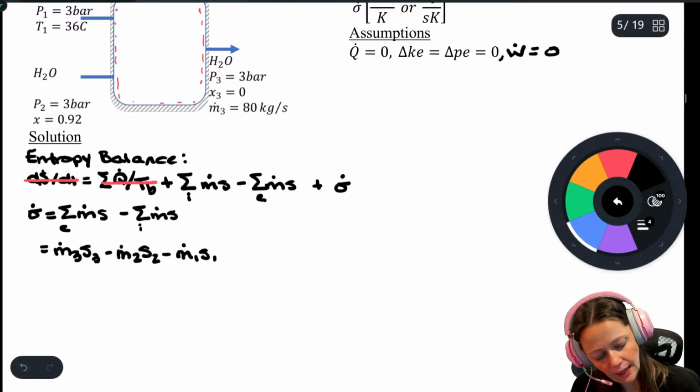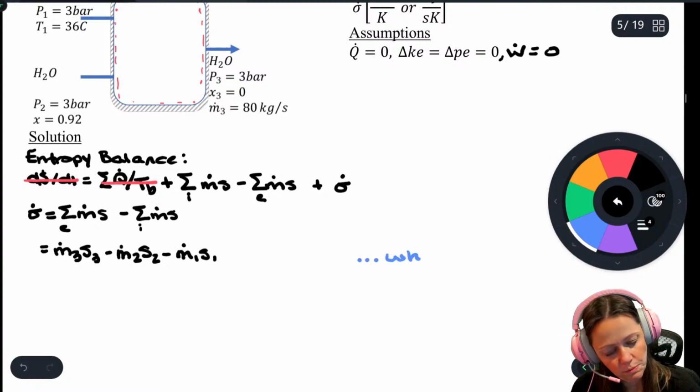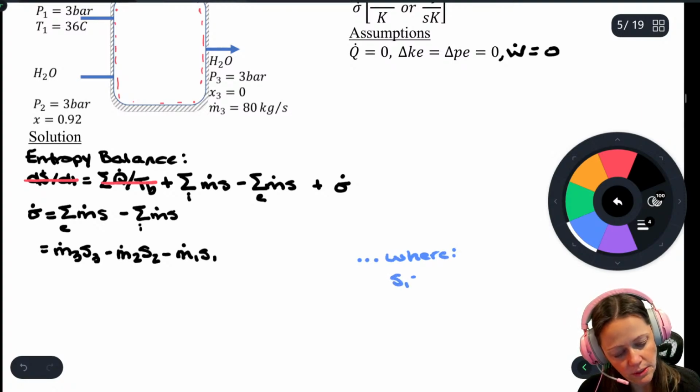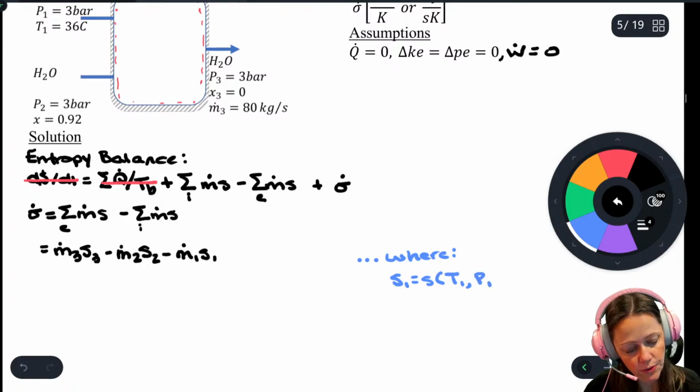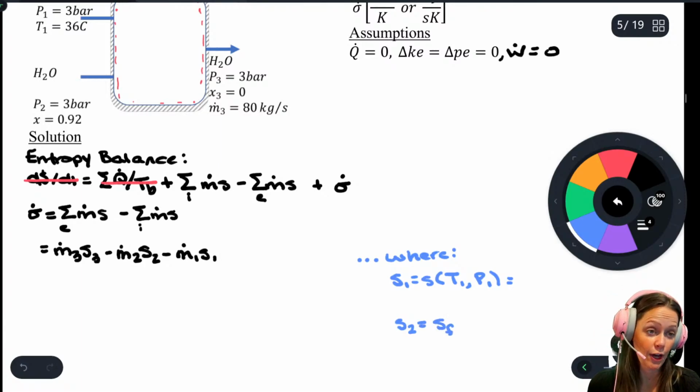And I think what I'm going to do here is put a little spot over here. So S1. The two properties I know are temperature and pressure, so that should be enough to fix my state. S2, of course, I know I've got the pressure and I've got the quality.